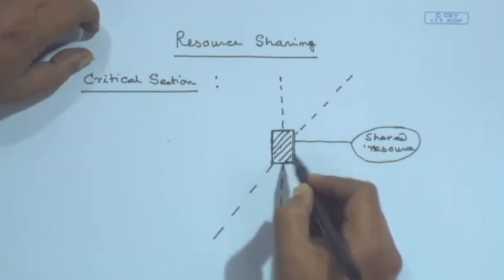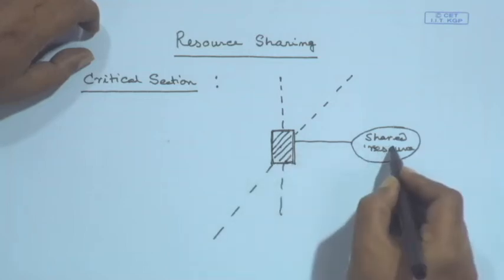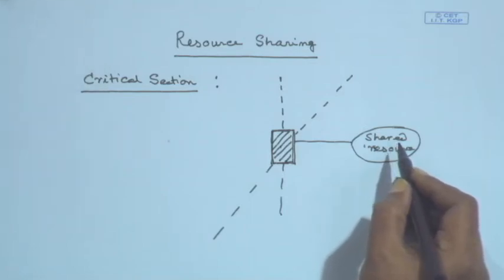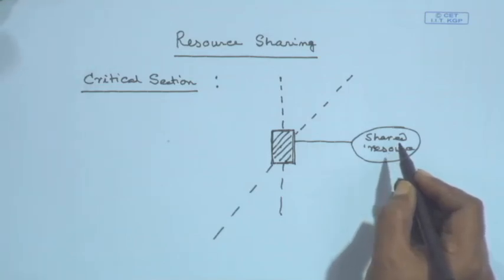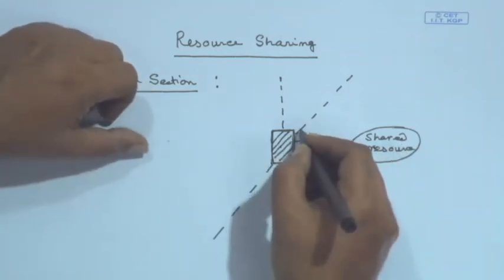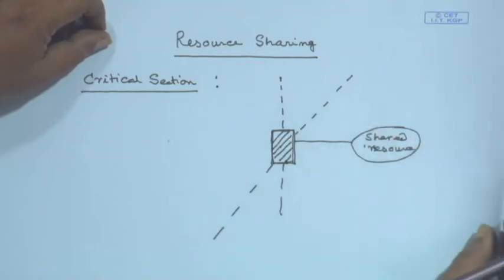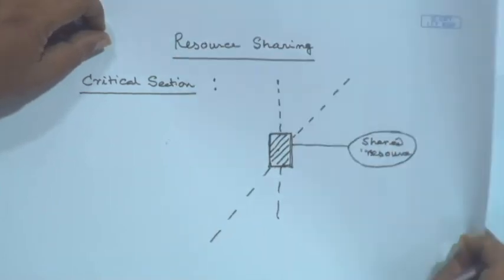That implies that we will be accessing this shared resource simultaneously, which often may not be admissible, because if there are two writes or one read and one write, then the results can be unpredictable and can also be erroneous. So, we need to employ some sort of mutual exclusion over that.